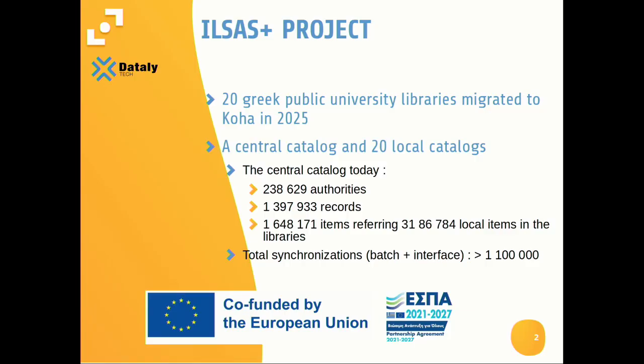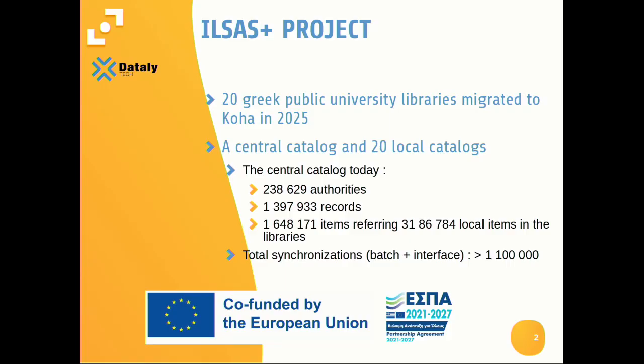The specificity of this project is that we have a central Koha catalog and 20 local catalogs, one for each university, and that we have a synchronization of records and authorities between the central catalog and the local ones.